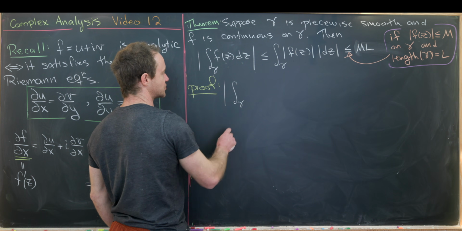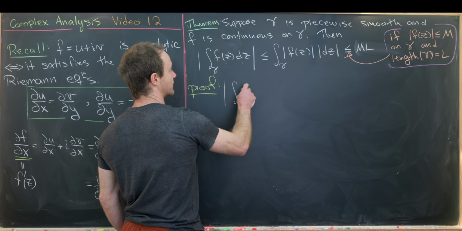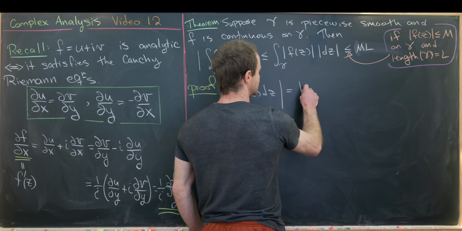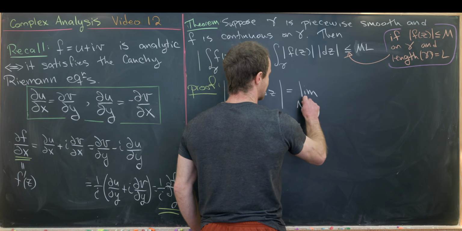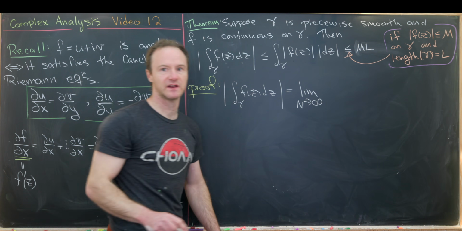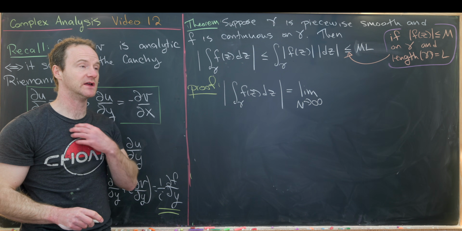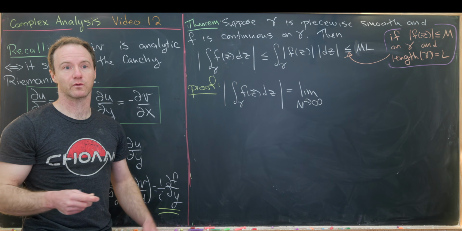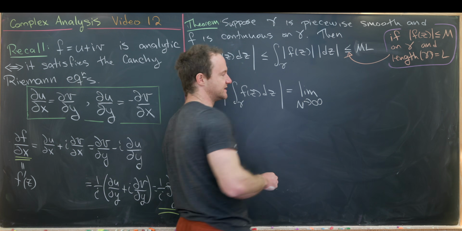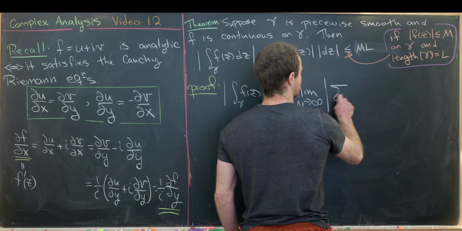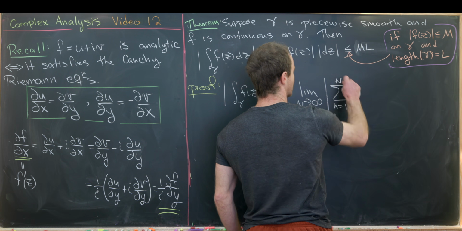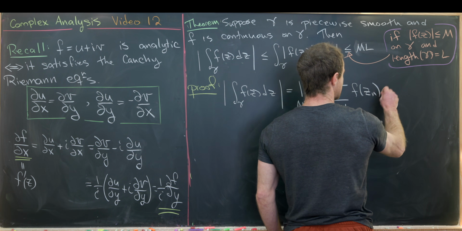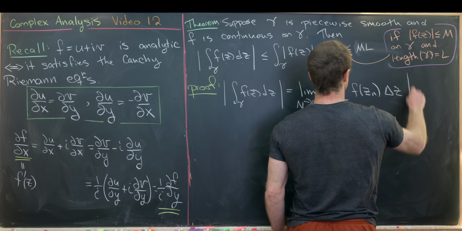So we have the modulus of the integral over gamma of f(z) dz is equal to the limit as capital N goes to infinity. Here we're just going to write down the definition of the integral using the Riemann sum. So this is going to be the modulus of the sum as n goes from 1 to N of f evaluated at z_n times delta z.